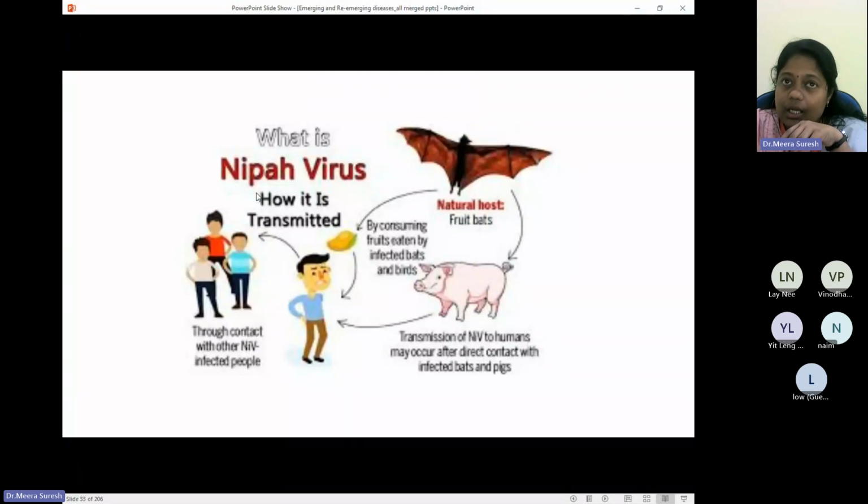There were some fruits, and he ate those fruits. And when it was sent for further investigation, the virological investigation, it was discovered that this fruit was infected by the digestive juices of fruit bats actually.